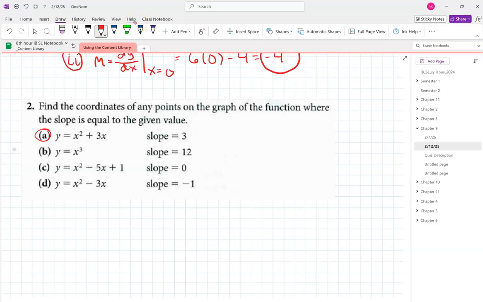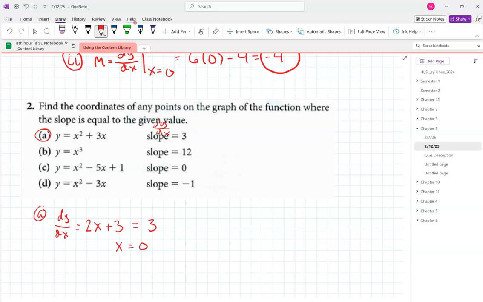So when I say slope equal to 3, you should think derivative equal to 3. So first thing I'm going to do is compute the derivative. What's the derivative of x squared plus 3x? Okay. And I'm going to set that equal to 3 and solve.